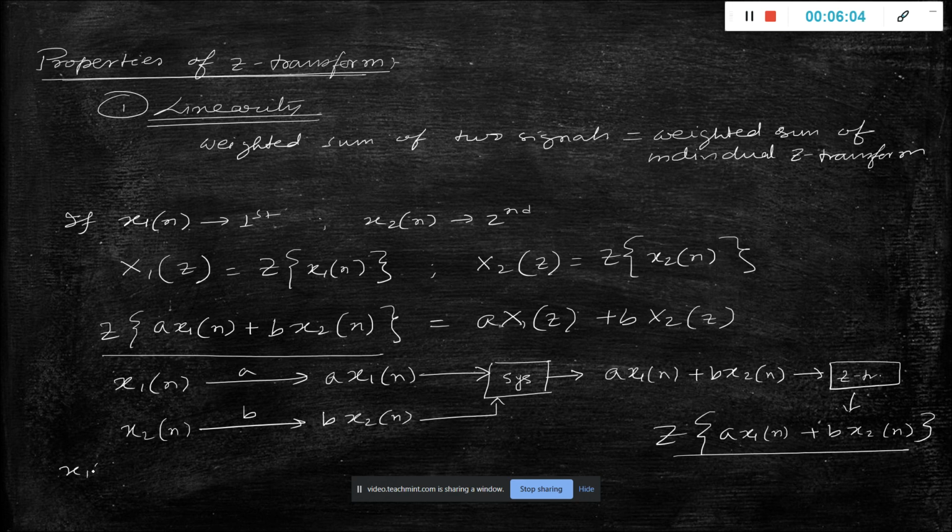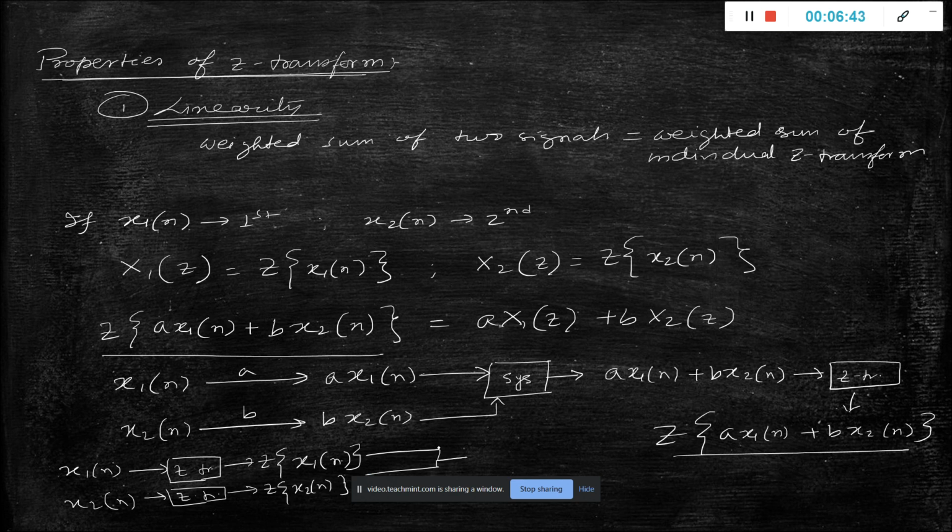दिस वन, एंड इट मस्ट बी इक्वल टू... सॉरी पहले हम कोफिशिएंट नहीं डालेंगे, इसको z ट्रांसफॉर्म करेंगे, x1n का z transform और second x2n का z transform, then we will feed it to a system, दोनों को हम लोग एक सिस्टम में डालेंगे, एंड सिस्टम में डालने के बाद मुझे क्या मिलेगा, a X1(z), plus b X2(z).